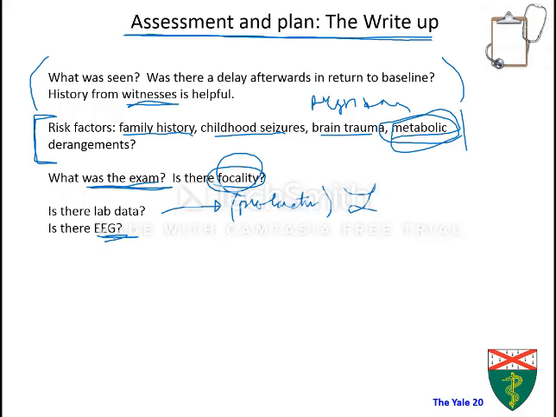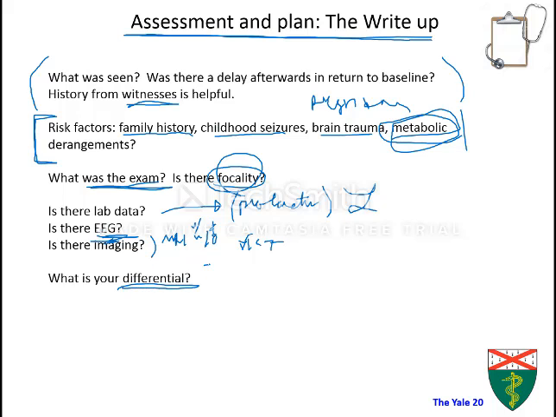And of course, EEG. What does the EEG data say? That's going to be super helpful. Imaging, MRI with and without contrast, is going to be really helpful in showing you if there's any underlying abnormality, or just a head CT if there's a small bleed or something like that that's irritating the brain.